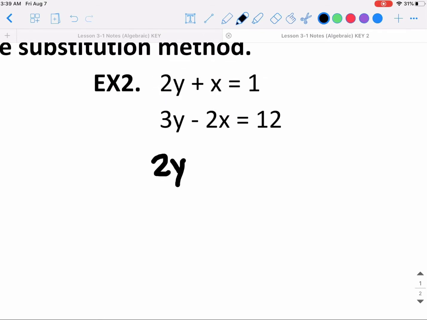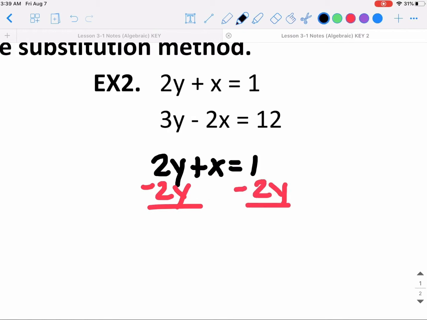So I'm going to take this equation, 2y plus x is equal to 1, and I'm going to solve for x by itself. So I'm going to subtract 2y on both sides, and I'll get x is equal to 1 minus 2y. This expression, 1 minus 2y, is what I can substitute into the other equation for x.